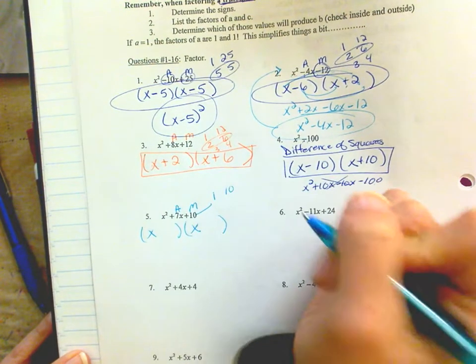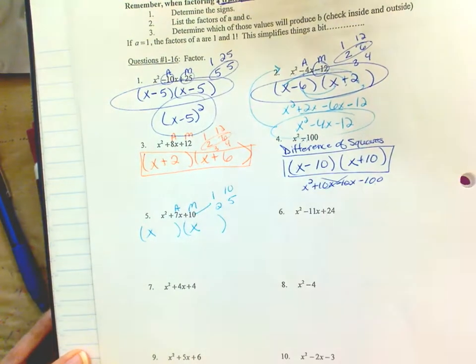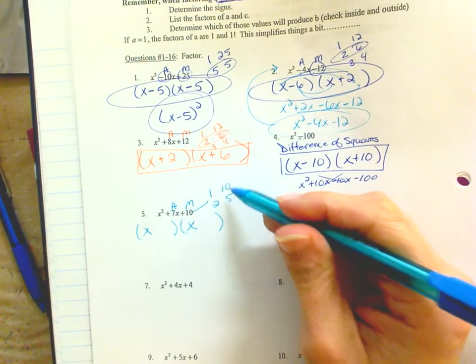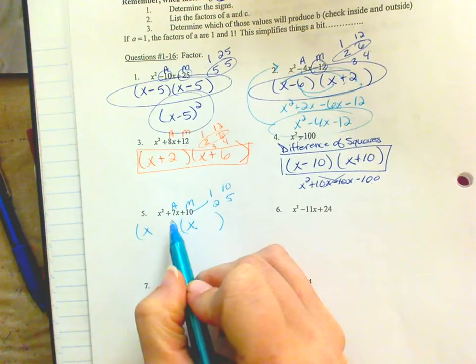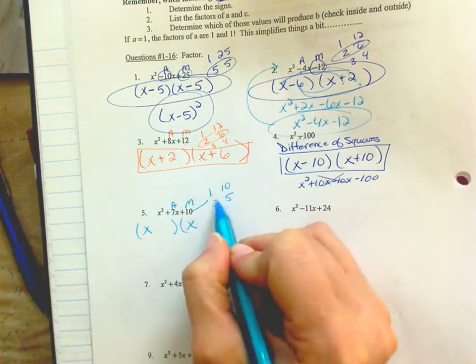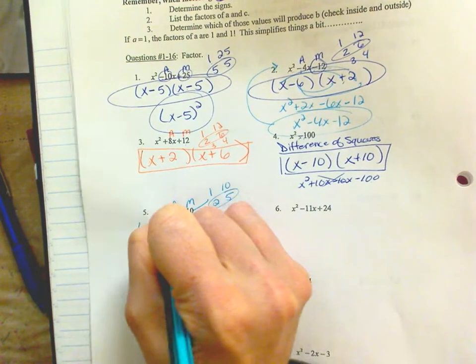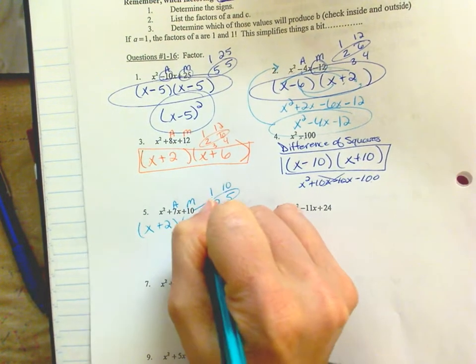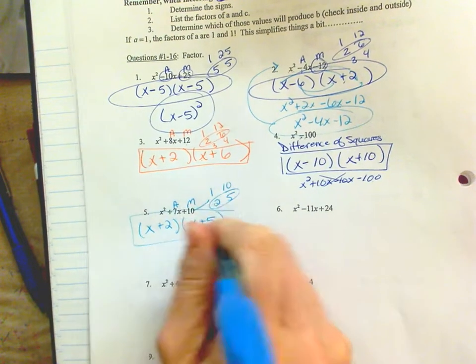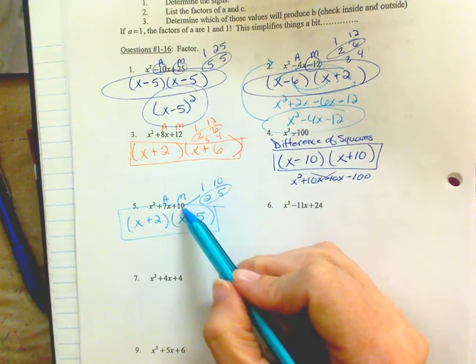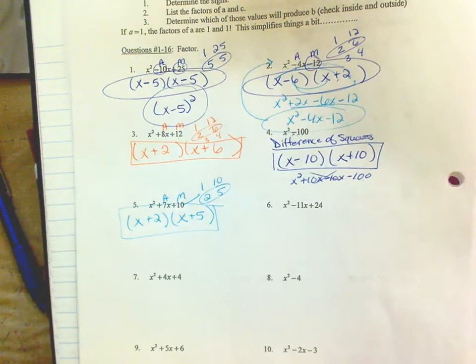So 1 times 10, 2 times 5. You've only got 2 options to choose from. You want something that's going to add to give you 7. So 2 and 5 is your winner. So x plus 2 and x plus 5. You could FOIL it out and you will get that. So you are right.